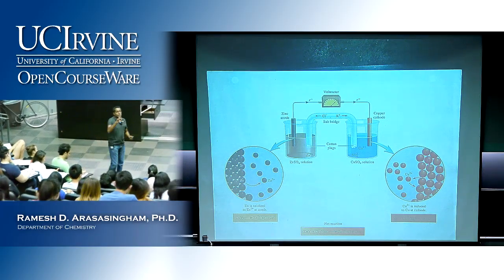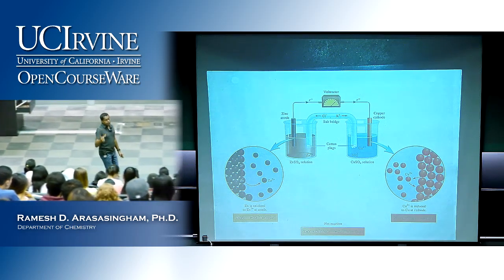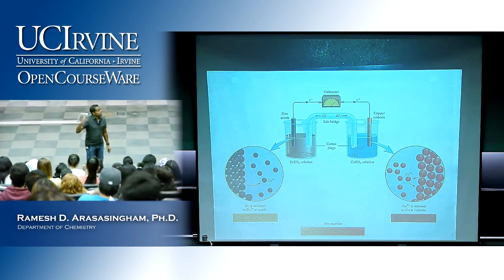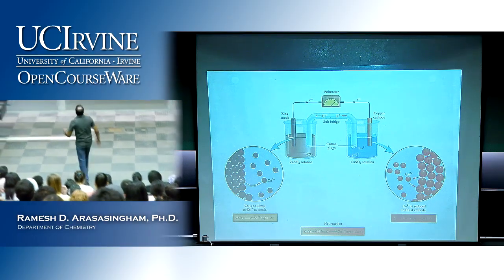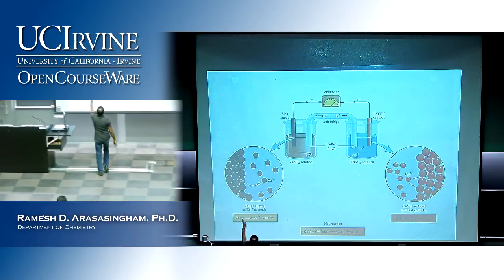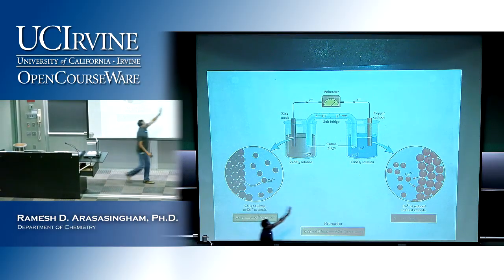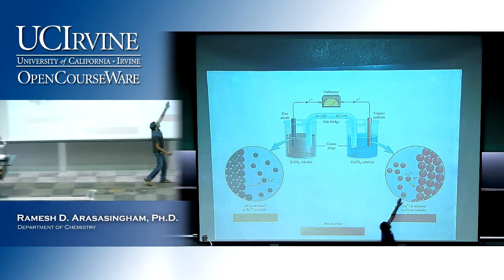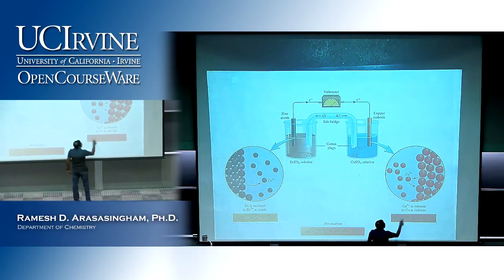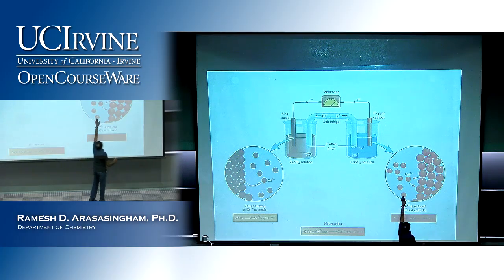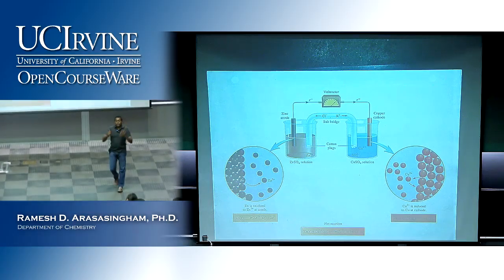If you weigh that electrode before anything happens, and weigh it afterwards, you'll see that its mass goes up. At the anode, your electrode will start dissolving and getting smaller and smaller, whereas here, the dissolved copper ions pick up the 2 electrons to give you copper solid, which deposits on the electrode, and therefore the mass of your electrode increases.